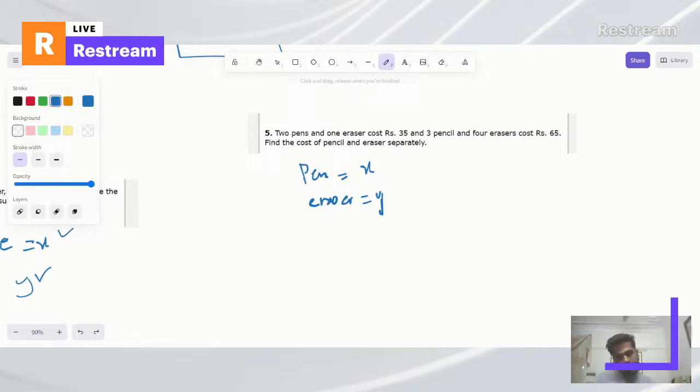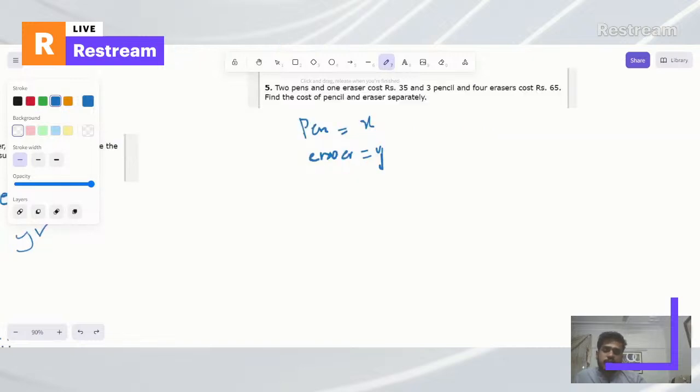I think I've given you 1 minute, right? So now let's start. It says that two pens and one eraser cost 35. So two pens means 2x plus one eraser, that means y, and the cost of that would be 35, right?